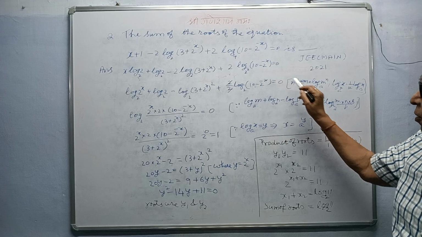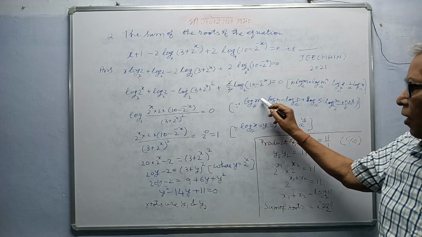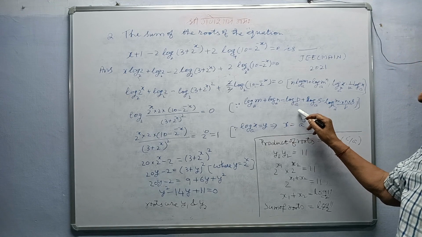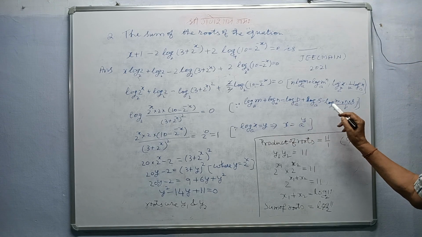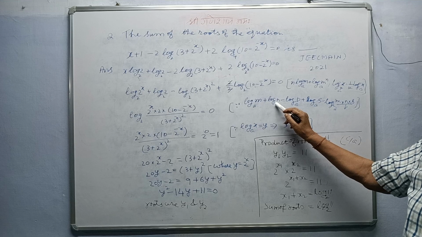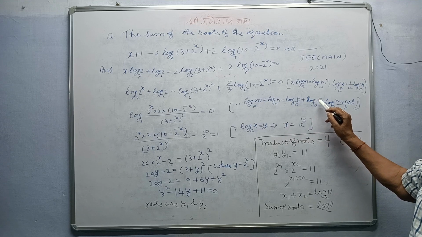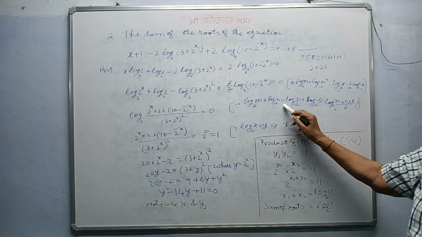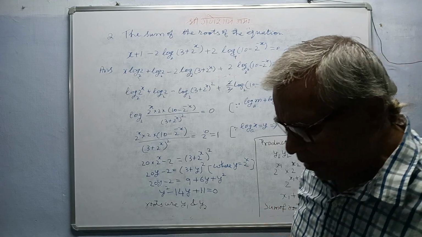We have applied this formula here. Now log m to the base a plus log n to the base a minus log p to the base a plus log s to the base a is equal to log of m into n into s divided by p. You have minus sign here, so it will go in the denominator.